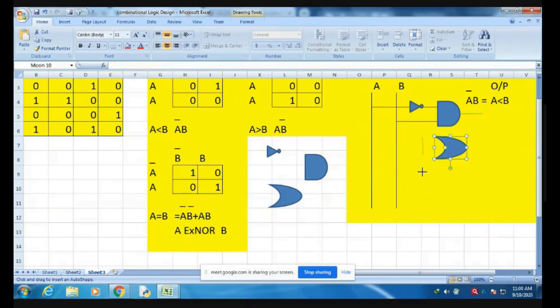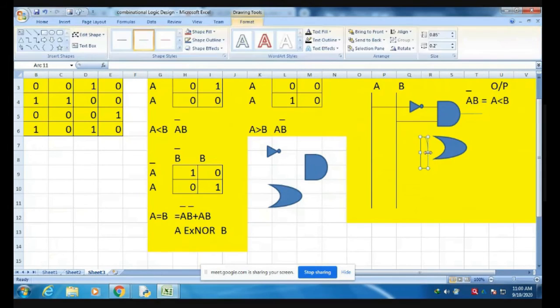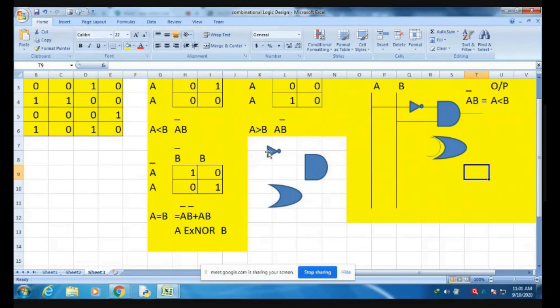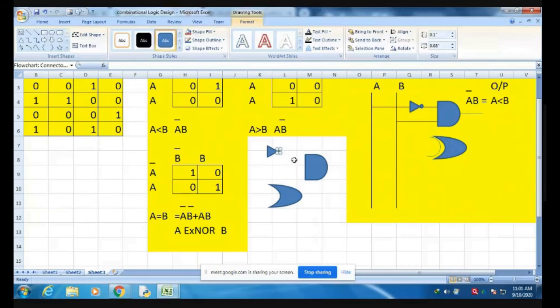This is my XNOR gate. I am going to bubble this also.